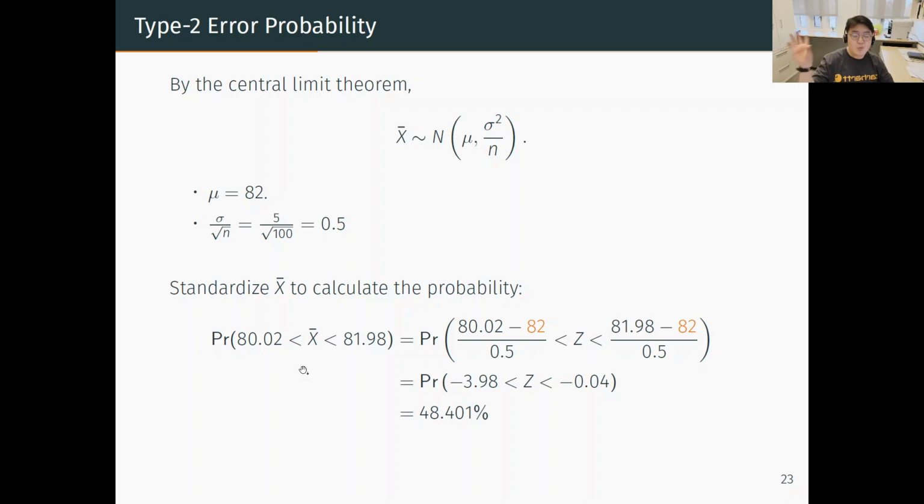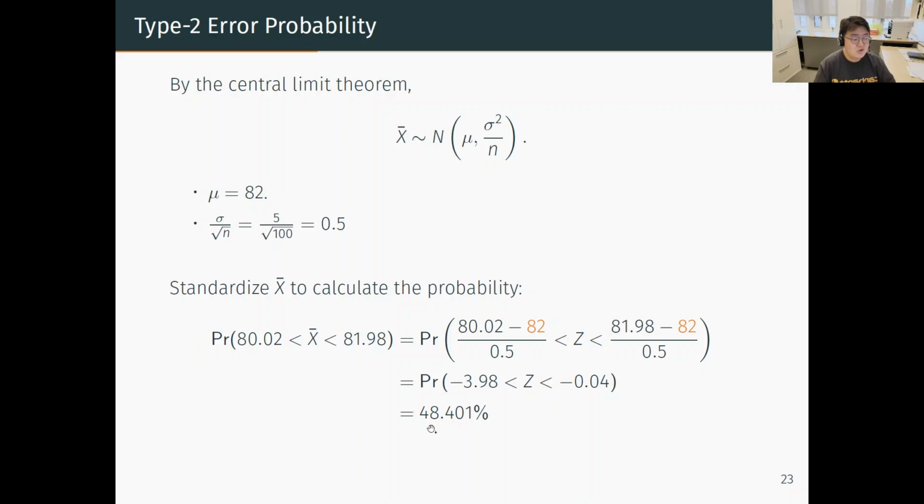But now you are assuming that the null hypothesis is wrong, so we are assuming a different true mean. As a result, it's not symmetric. It does not exactly cancel out the mean. So you have a non-standard probability, which again you have to compute using a calculator or normal calculator or Excel.